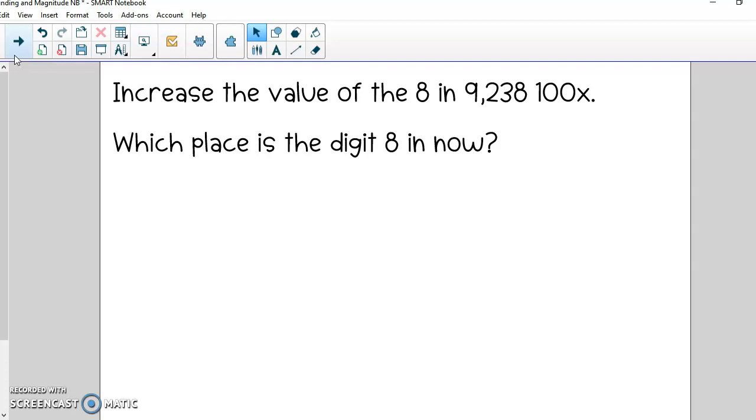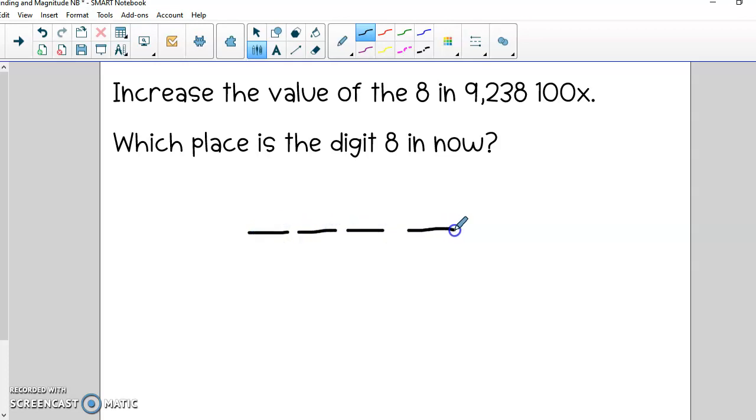So example number 1 says, increase the value of the 8 in 9,238 100 times. Which place is the digit 8 in now? So if you have 9,238 and you're wanting to increase the value 100 times, how many zeros are in 100?